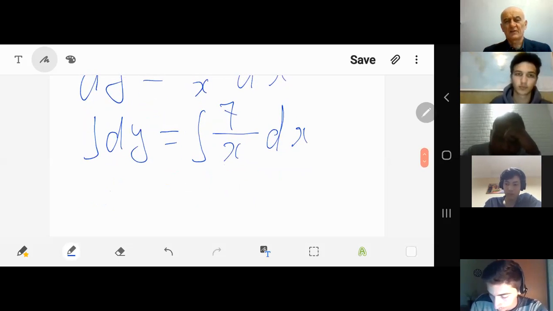Now let's recall that a constant number we can move out across the integral sign.